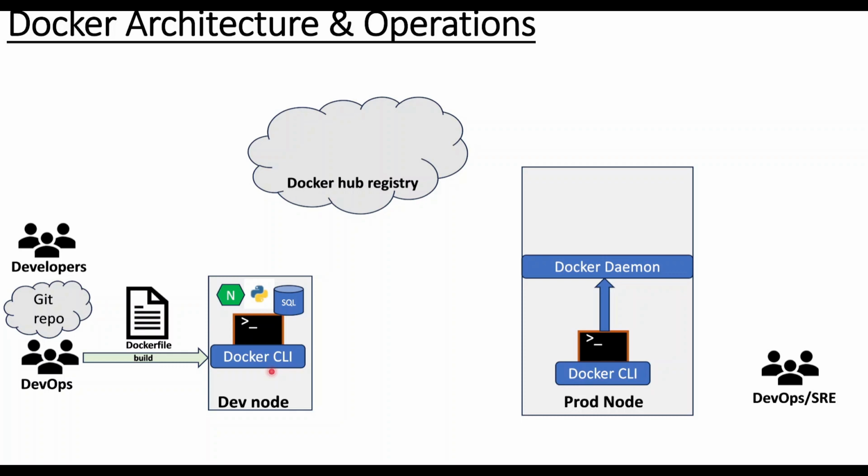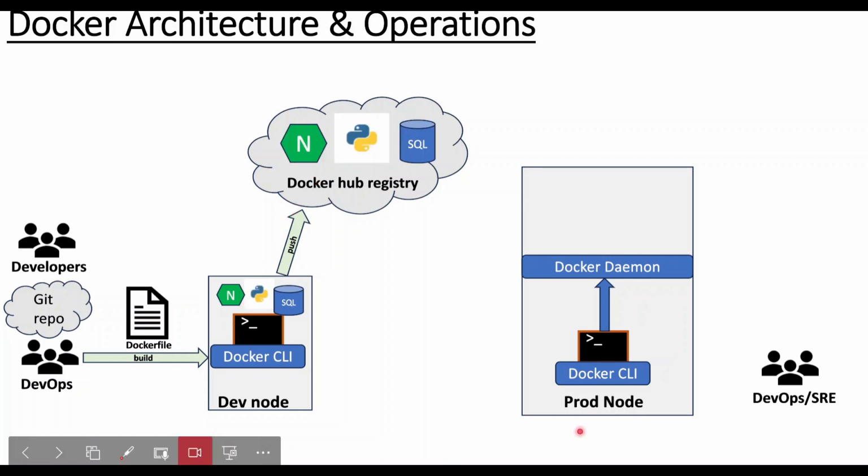For that purpose, again DevOps team members are going to perform the Docker push operation, which is a command that is going to take all these images defined by the name from the local system and push them to the Docker Hub registry.